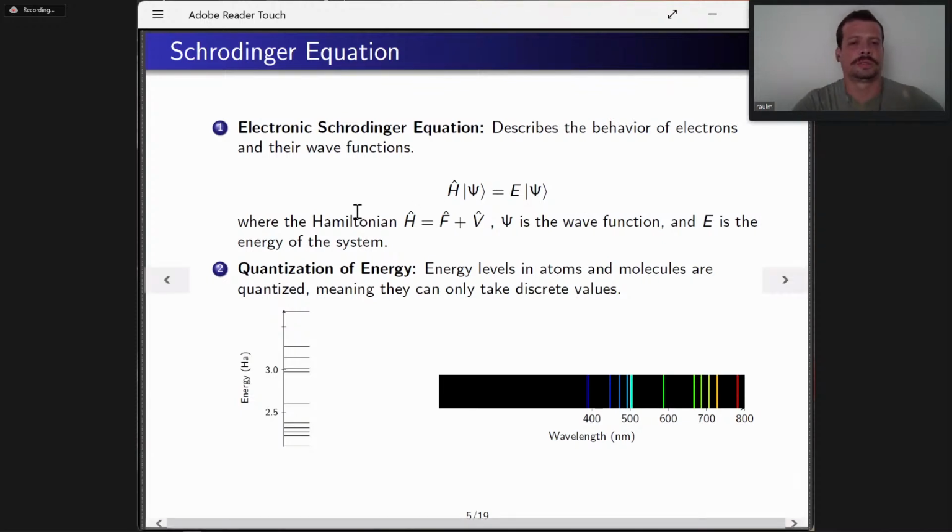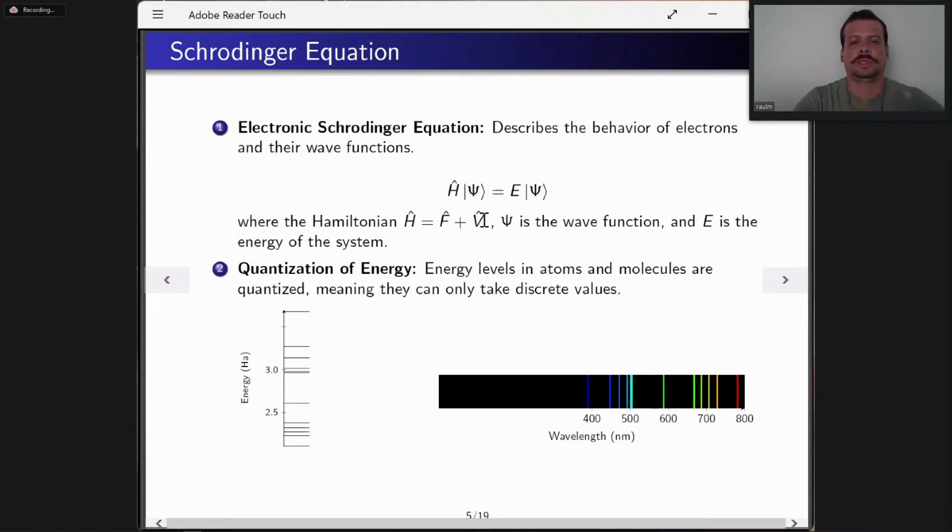So in this equation, on the left-hand side, first we have the Hamiltonian that is composed of F, also called the Fock operator, and B, the electron-electron operator. F will contain the interaction between electrons and the nucleus, also the kinetic energy of the electrons, and also the electron mean field.